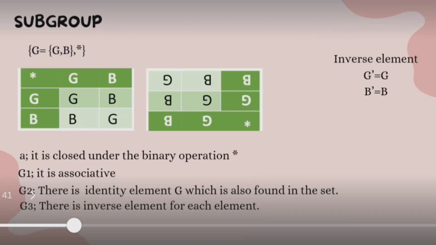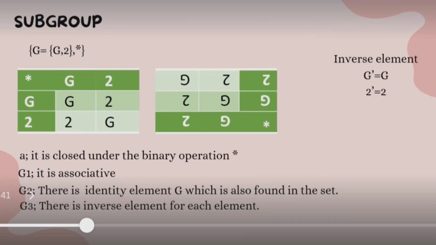The inverse of G is G, and for B is B. So it is also closed under the same binary operation of G sub 8 because identity and inverse exist.